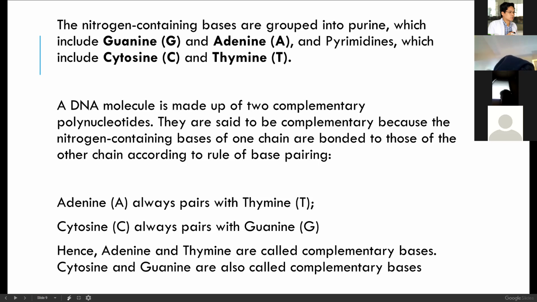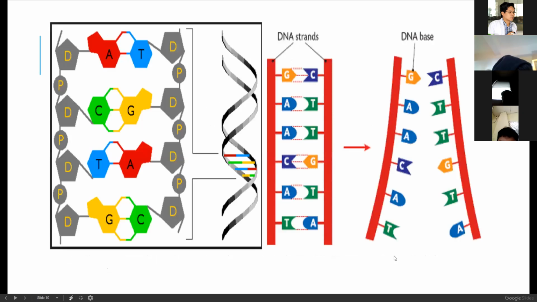Adenine always pairs with thymine, and cytosine always pairs with guanine. Hence, adenine and thymine are called complementary bases, and so are cytosine and guanine.